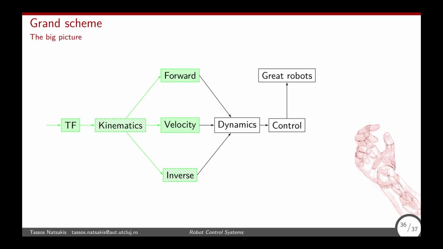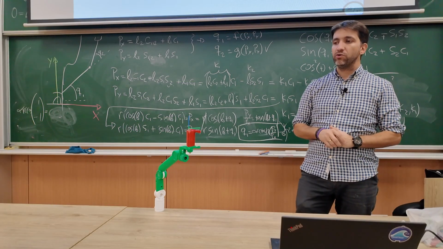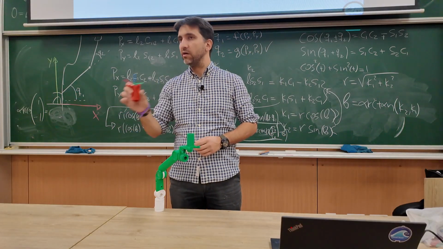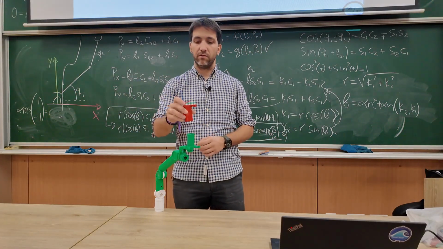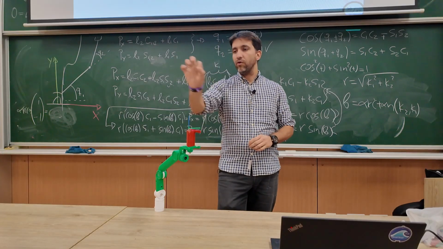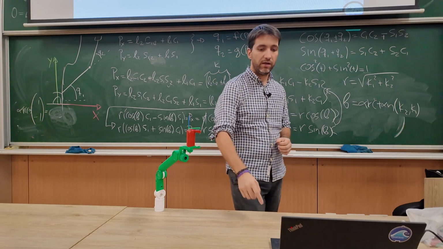Next week we'll see how we use it to calculate trajectories, which would be solving the inverse kinematics for many different poses and connecting them so that we follow a specific path. Any questions?